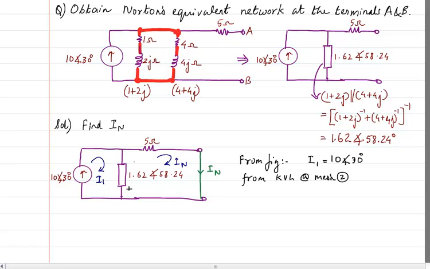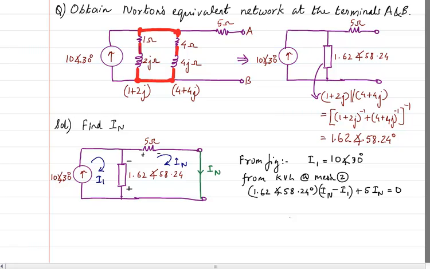So this is plus minus, and this is also plus minus, and I take the signs from the back of the element. So I get 1.62 angle 58.24 degrees multiplied with (IN minus I1), plus 5 into IN, equal to 0.